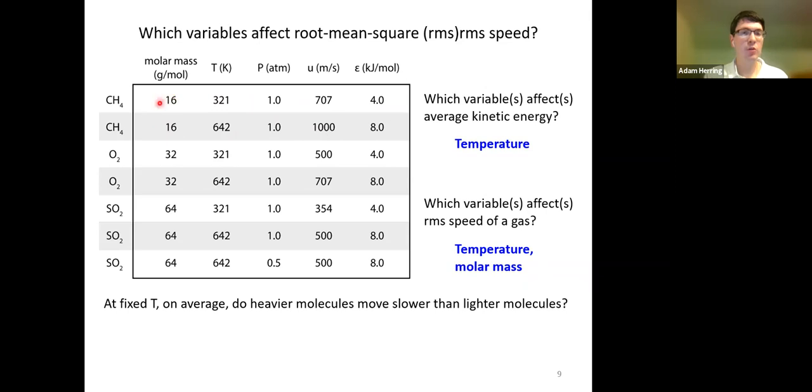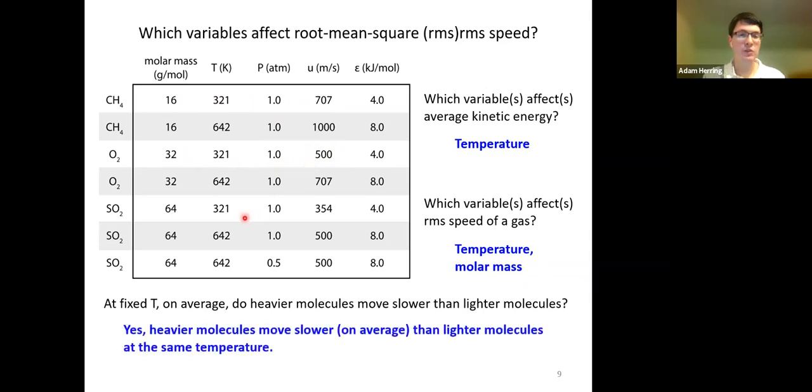And when we change the molar mass but keep the temperature constant, notice that our root mean square speed goes down. But again, it does not go down linearly. If we double the molar mass, it does not go down by half. And then finally, we do see that on average, for a given temperature, molecules which are heavier are moving slower than lighter molecules.